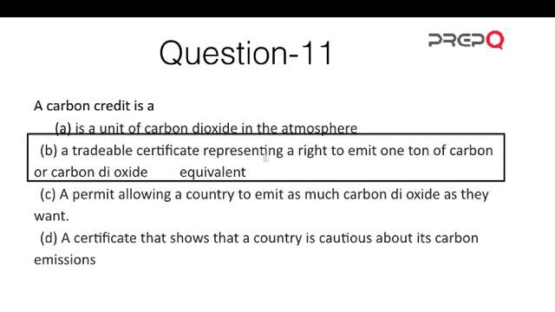That is, there will be a certain level of carbon emission beyond which these countries cannot emit. Now suppose country X emits less carbon than the allowable limit, and country Y emits more carbon than the allowable limit. So country X can sell carbon credits, that is a certificate which represents the right to emit more, to country Y. And in this way, country X gets compensated for using environment friendly technology.